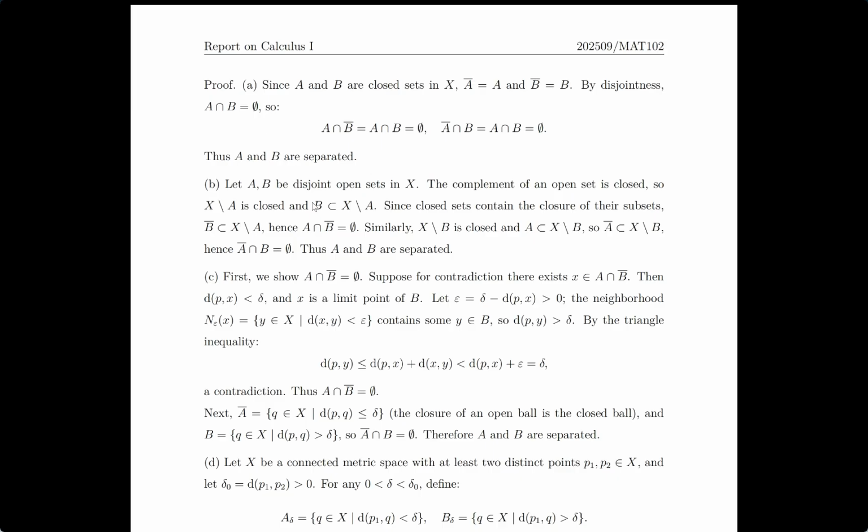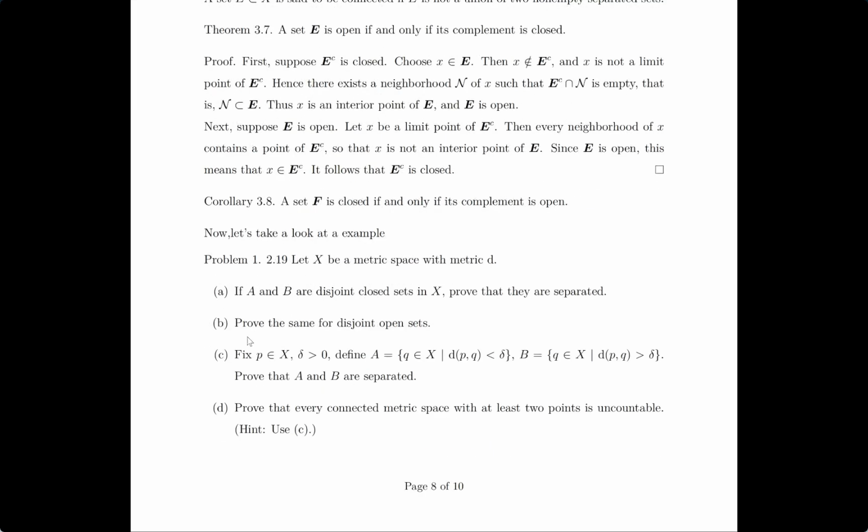Let's look at problem B, and we need to prove the same for disjoint open sets. The sets become open, okay? So now we can use the theorem.